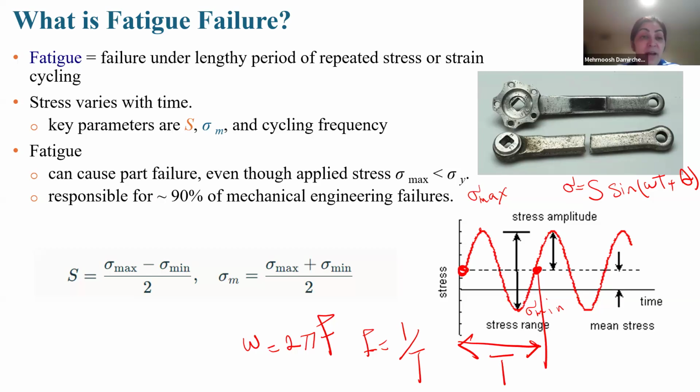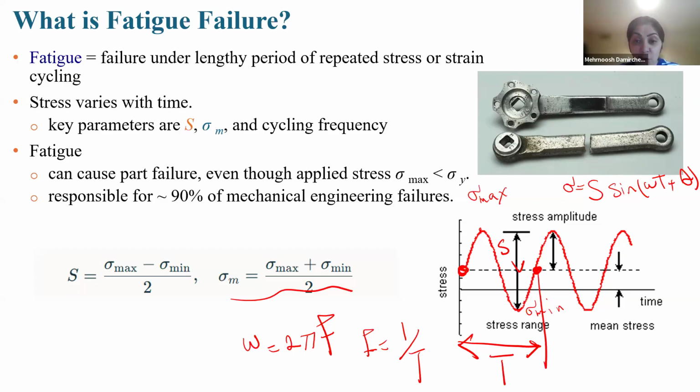The stress varies with time in a fatigue test. The key parameters are S, which I explained, the amplitude of the stress, sigma m, and the cycling frequency. S is the stress amplitude. Sigma m is the mean stress, and you see here, sigma max plus sigma min divided by 2.